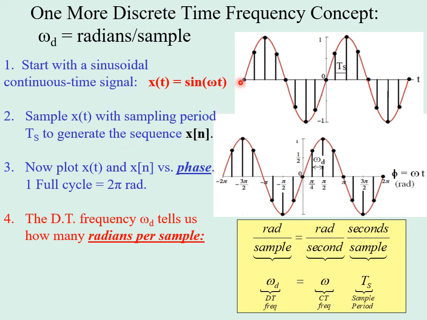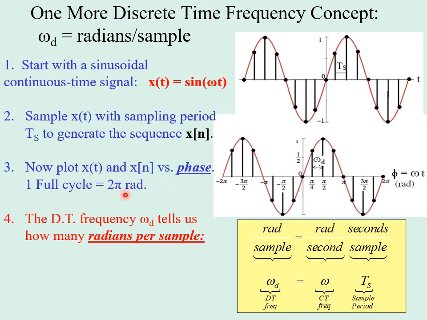Our sequence now is these black dots here. This represents our sampled version, so now we have a discrete time sequence. If we plot x of t and x of n again here, you can see them, but instead of plotting them versus time or versus n, we're going to plot them versus their phase.